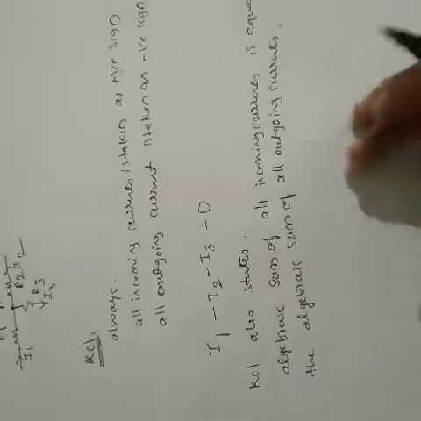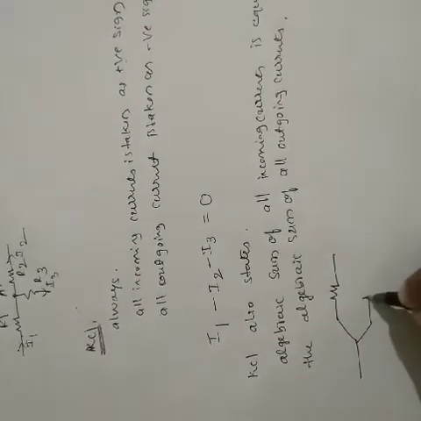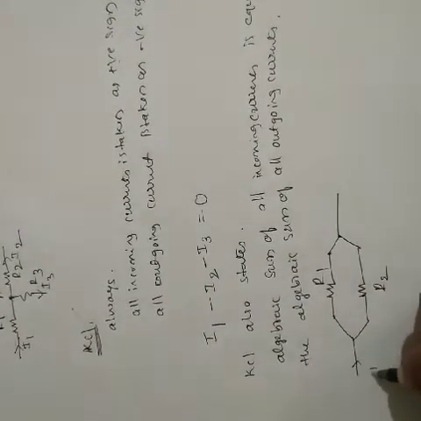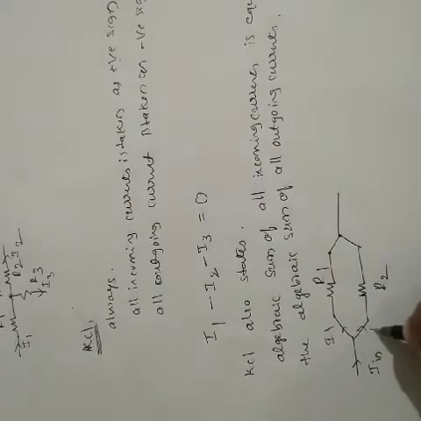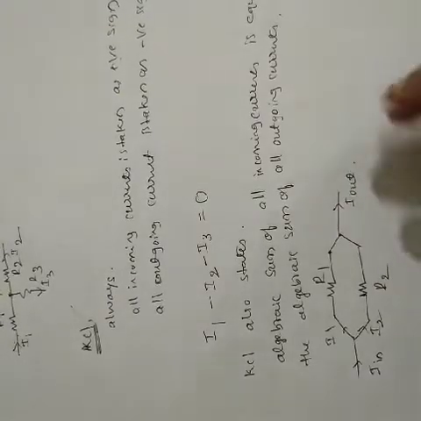In this way, I am taking one parallel electric circuit having two resistances, R1 and R2. This I is the incoming current, this is I1 current, I2 current, and this I is the outgoing current.